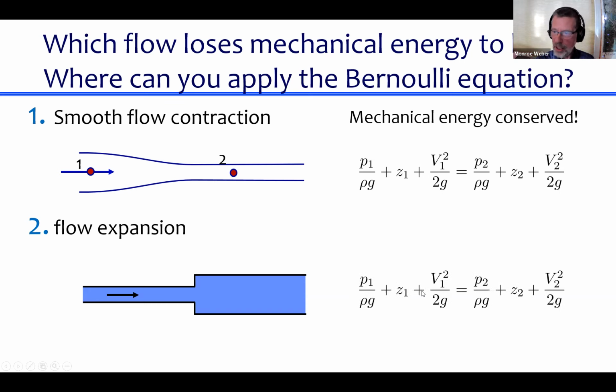In a flow expansion, there's some weird stuff that happens. And the weird stuff is that after the flow exits that first part, it generates all kinds of turbulence because it has high velocity and it's trying to flow into a low velocity zone.